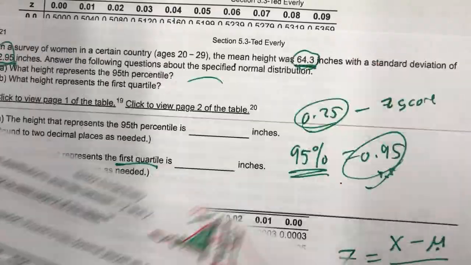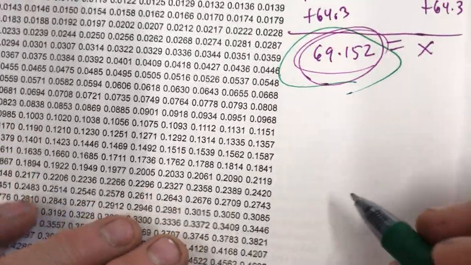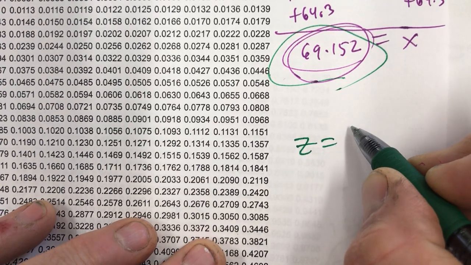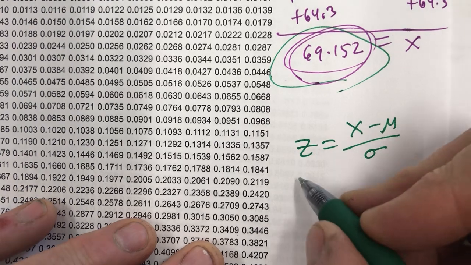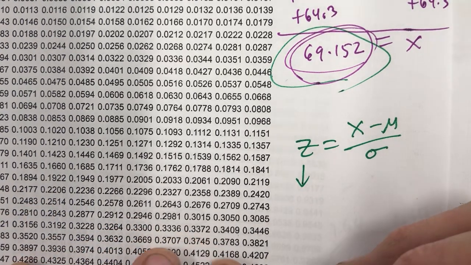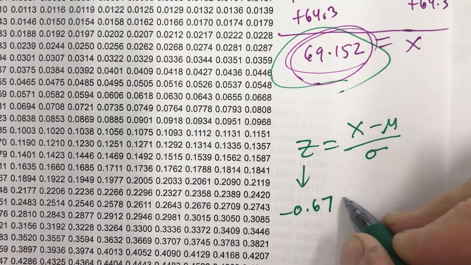Okay? So now what I can do, again, I can make up a little equation. Z equals x minus mu divided by standard deviation. So my z-score here, we just figured out, was negative 0.67.